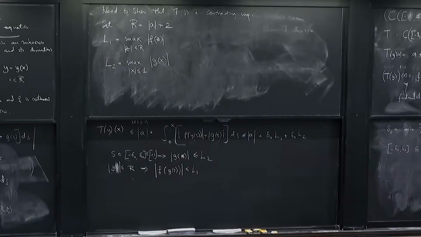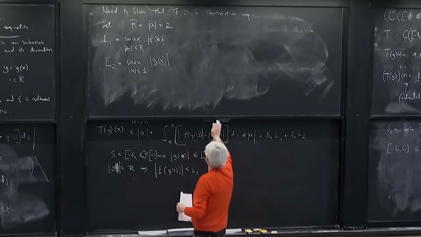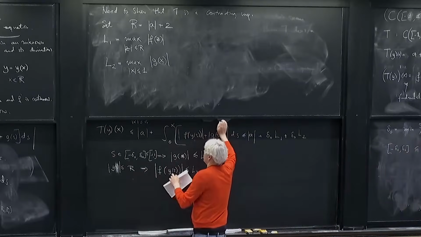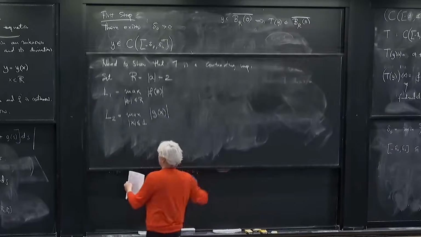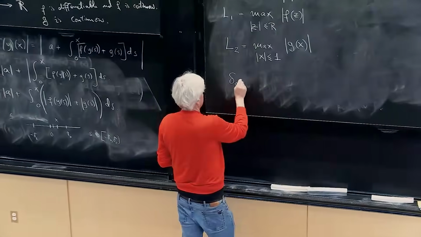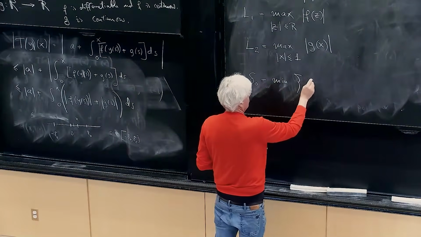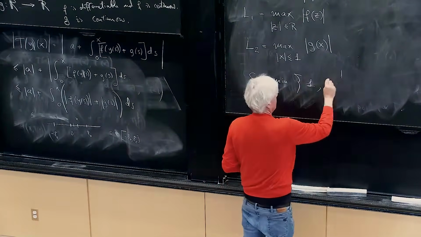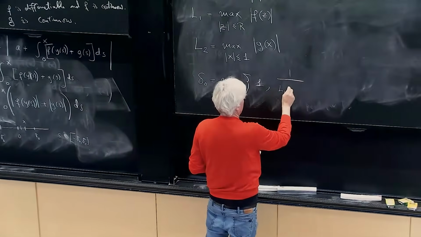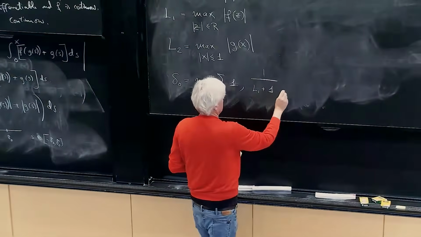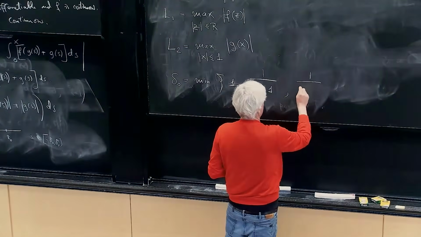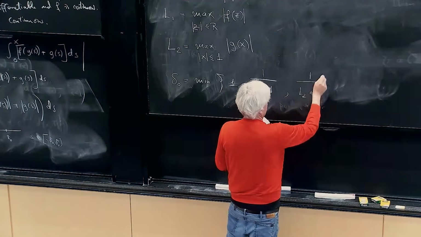And now remember what delta 0 was. I think I have it on the board below, but let me just write it here. This here was what delta 0 was chosen to be: the minimum of 1 over L1 plus 1, and 1 over L2 plus 1.